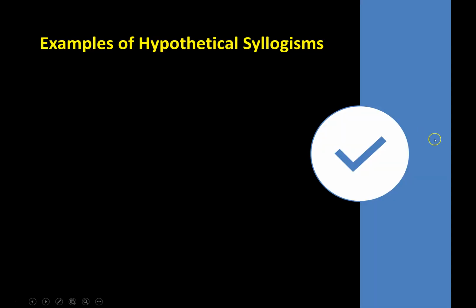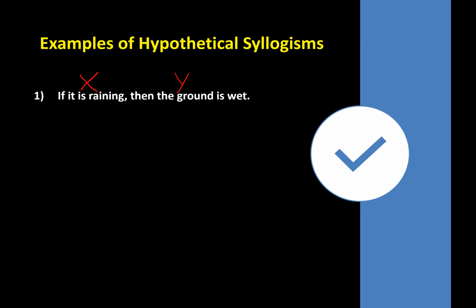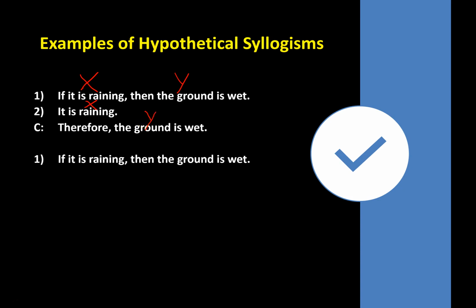Now, here's some examples of hypothetical syllogisms, right? If it is raining, then the ground is wet. So if X, then Y. It is raining, so this is just like X. Therefore, the ground is wet, and this is just like Y. Or, if it is raining, then the ground is wet.